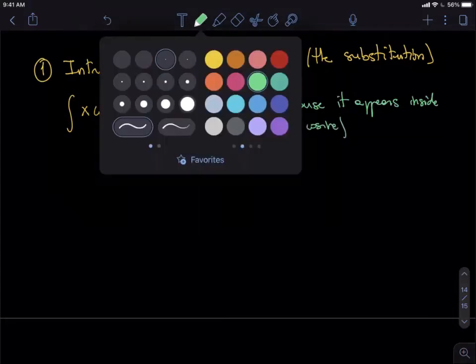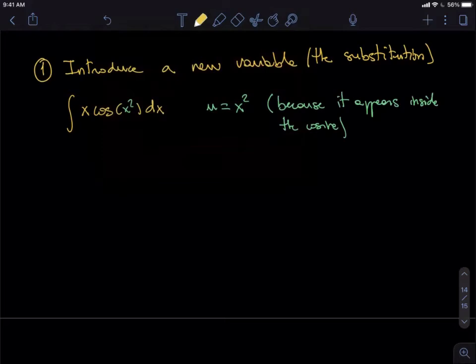But again, you get this by experience. You just need to do problems and problems and problems, and eventually you develop an eye for identifying the right substitutions.